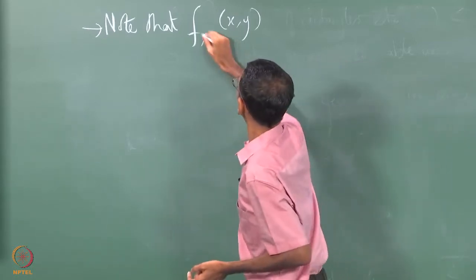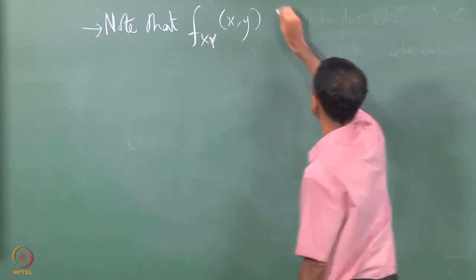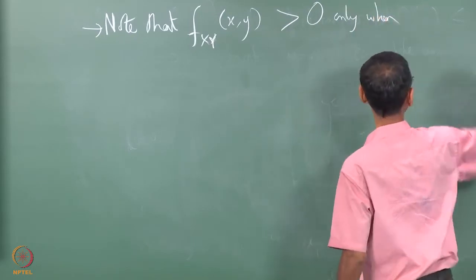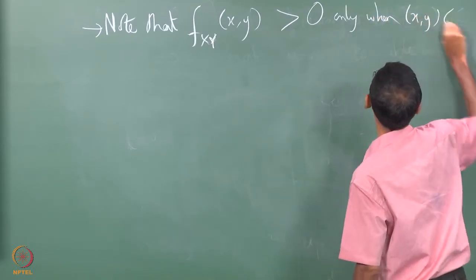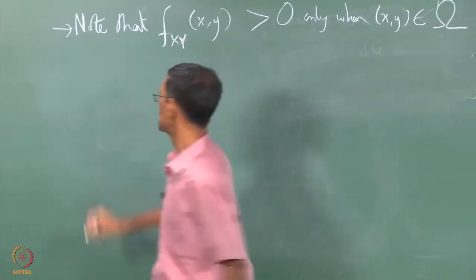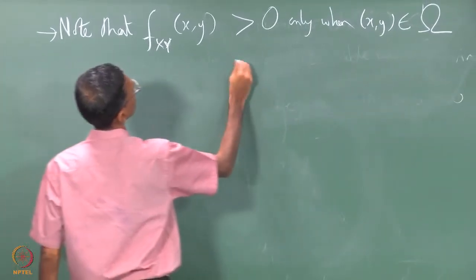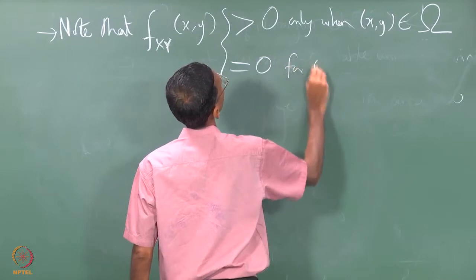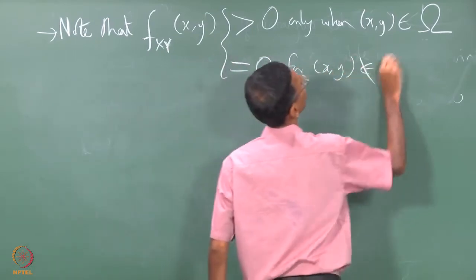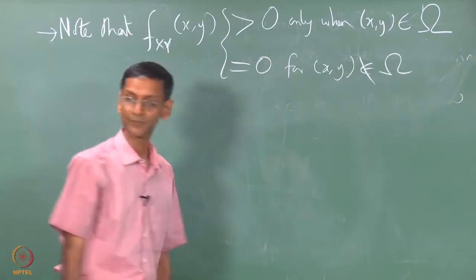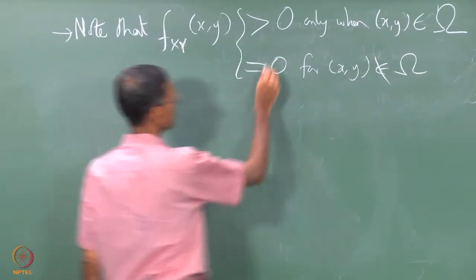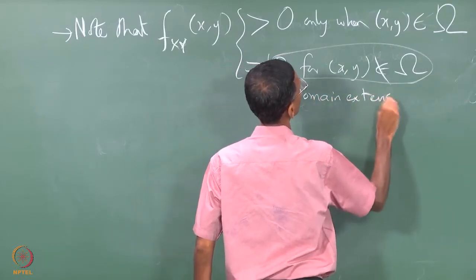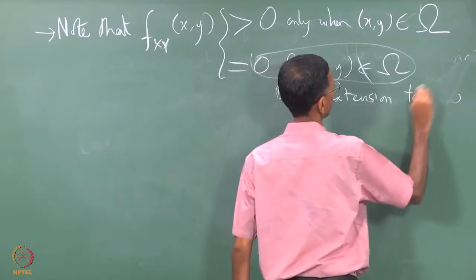So this f_XY(x,y) is greater than 0 only, of course it can also be 0, when (x,y) is in omega. So this is domain extension to R squared.